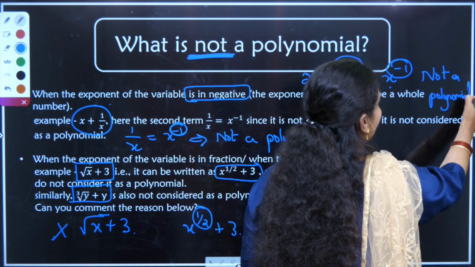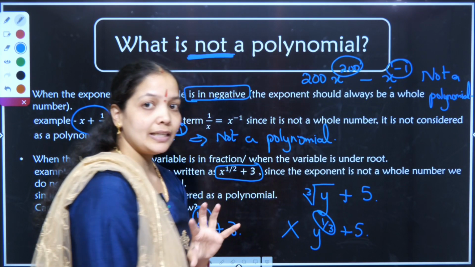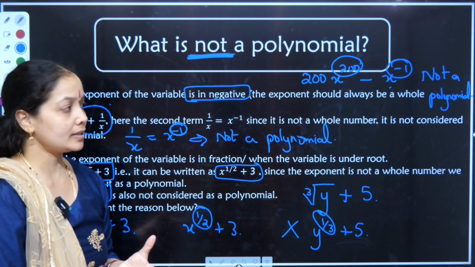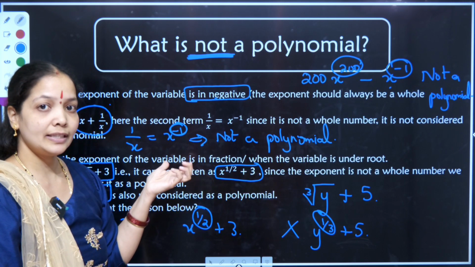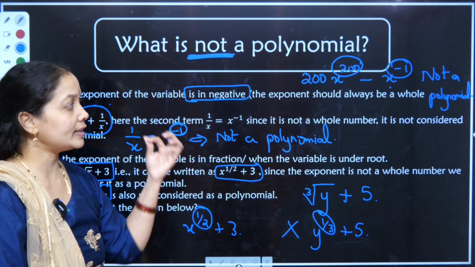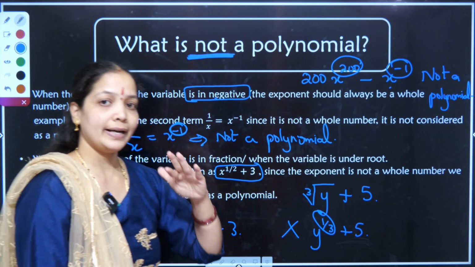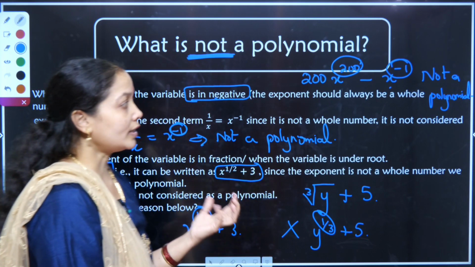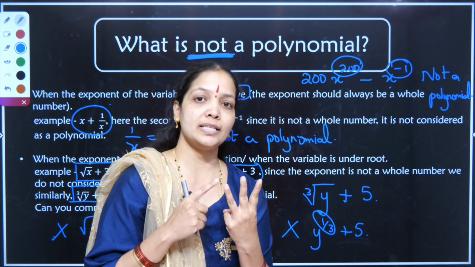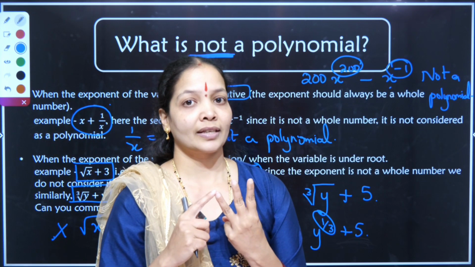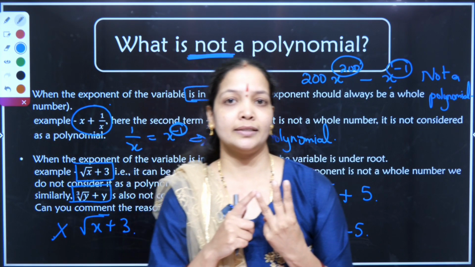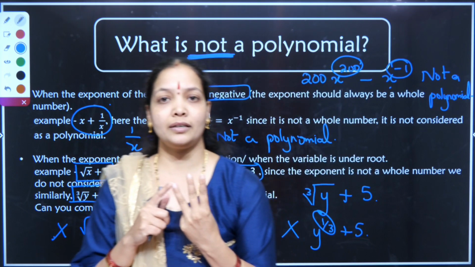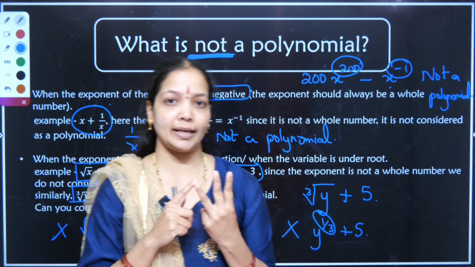Whenever an expression or a question is given, we will not directly go for the solution, but we will first analyze with the basics whether it's a polynomial or not, and then solving will be the tricky part of the chapter. So what are the important rules? The first rule says the power of the exponent should not be negative.